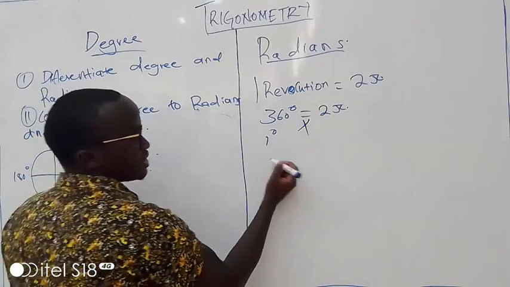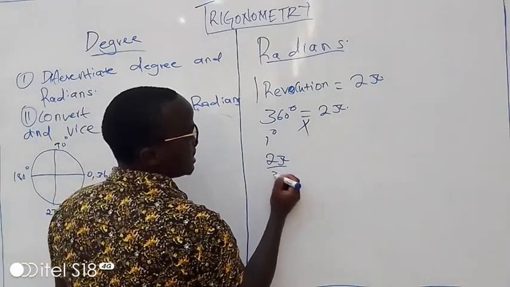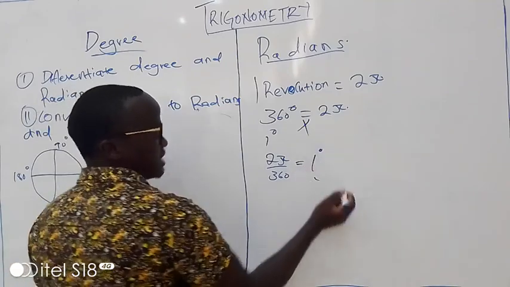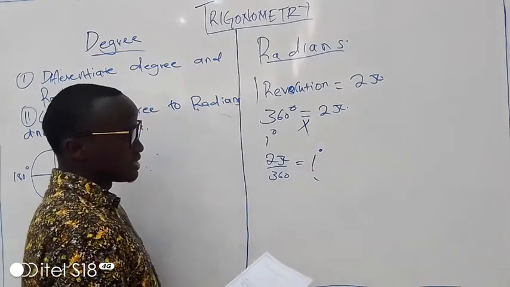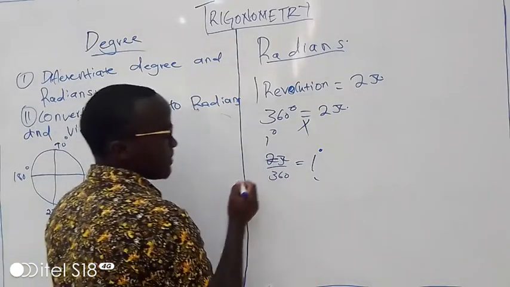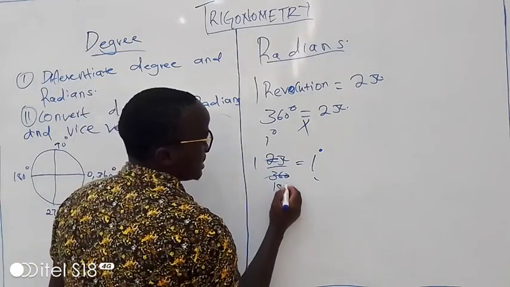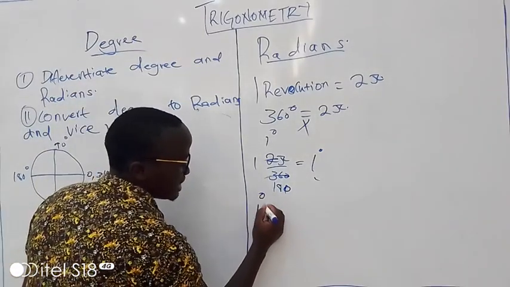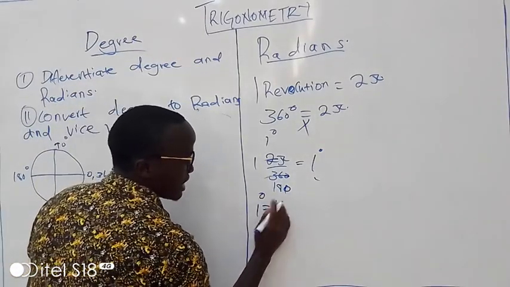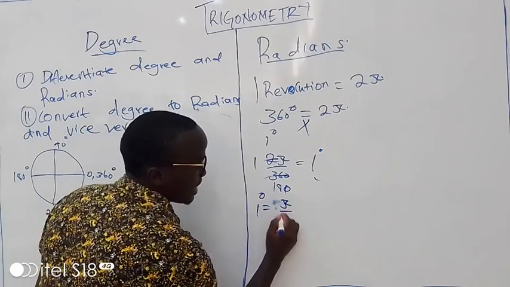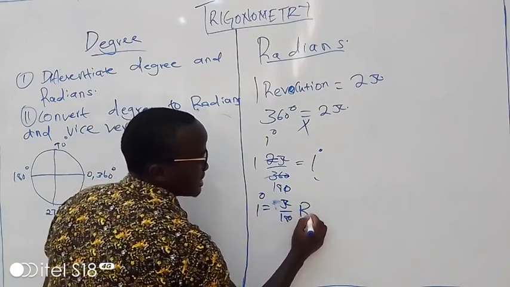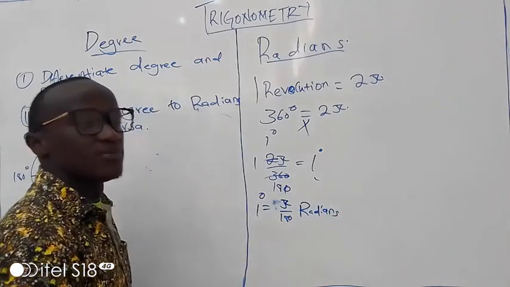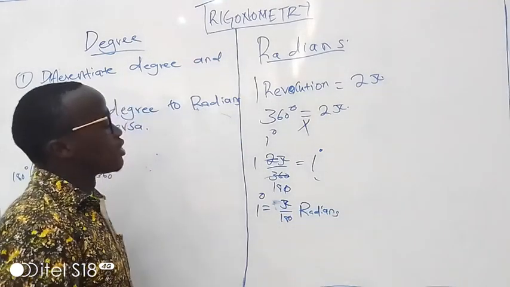So 2 pi over 360 is equal to 1 degree. We conclude that 1 degree is equivalent to pi over 180 radians. That is how we can convert to radians.